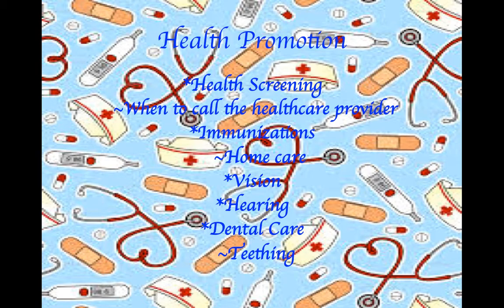We want to keep the gates on the stairs, so they're not tumbling down the stairs and we find them unconscious at the bottom of the stairs. That's no good. We need to put the dog food away so they're not chomping on that when you're not looking. They're not sticking their hands in the electrical outlets, things of that nature. That is the type of anticipatory guidance you have to provide for this stage in development.